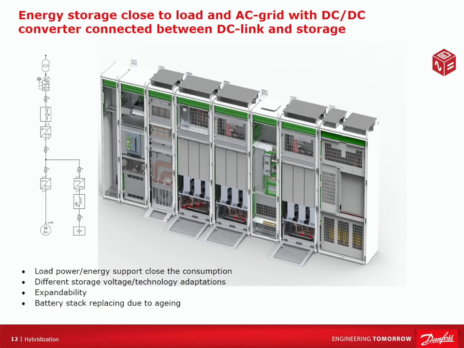Let's have a closer look at the integrated topology, the components, and the typical layout. In this case, the battery storage down here is now closer to my actual load. So for example, if we take the rubber tire gantry hoist, this would be my hoist motor here. This would be my inverter for my rubber tire gantry motor.